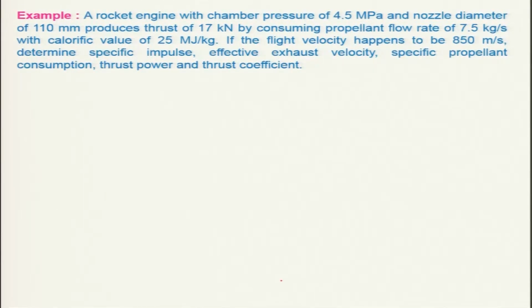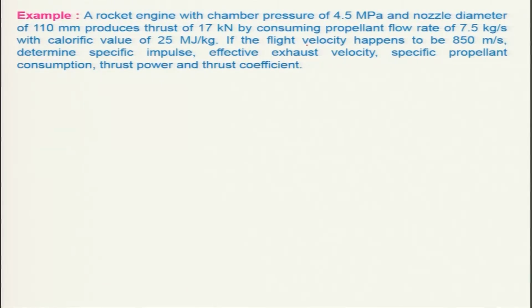A rocket engine with chamber pressure of 4.5 megapascals and nozzle diameter of 110 mm produces thrust of 17 kilonewton by consuming propellant at a flow rate of 7.5 kg per second with calorific value of 25 megajoule per kg.